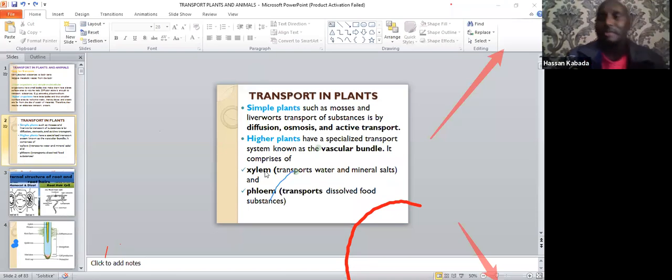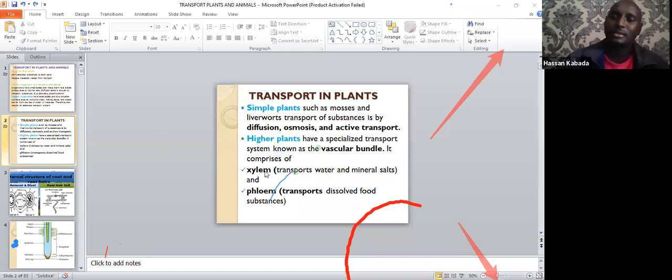The two of them must be together, water and mineral salts. And in an exam, for example, there are some common mistakes usually committed by students or candidates. When you are told to state the functions of vascular bundles, you say transport of water, transport of dissolved food or manufactured food. That one, there's something missing.